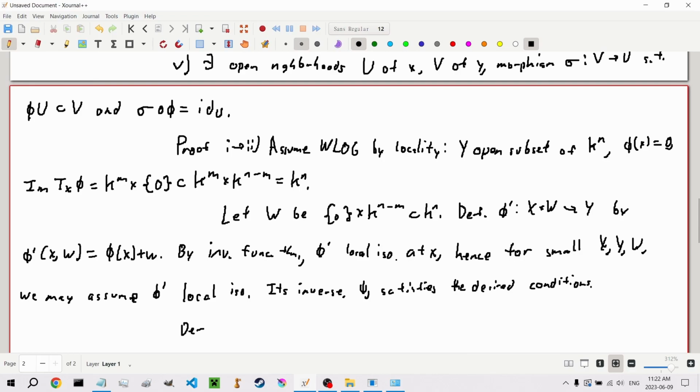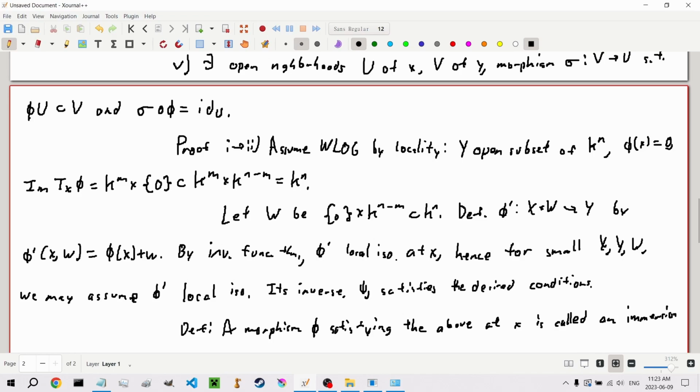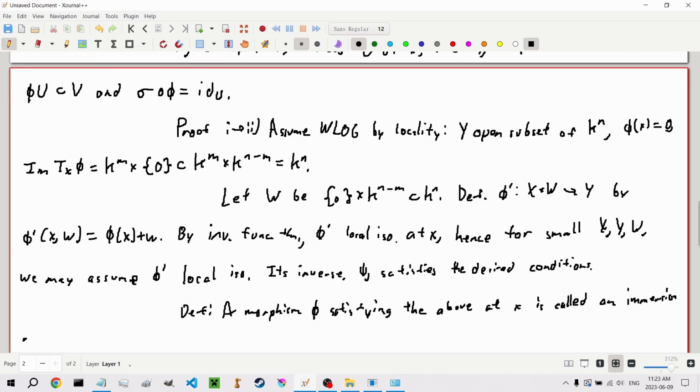And definition: a morphism phi satisfying the equivalent conditions of the previous theorem at x is called an immersion at x.